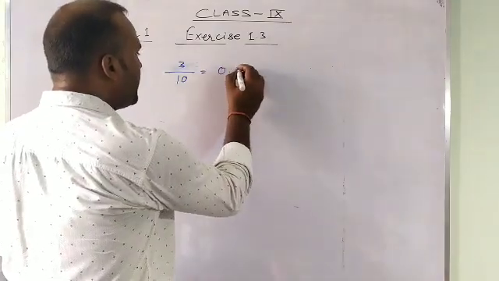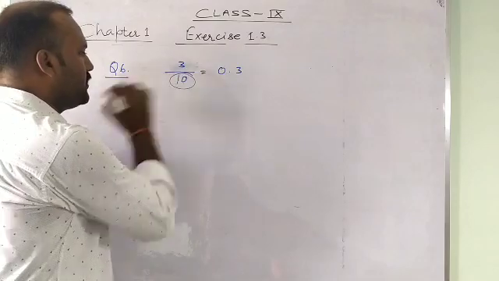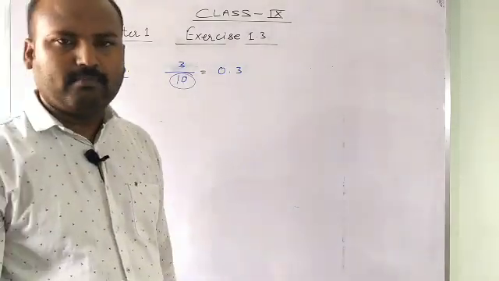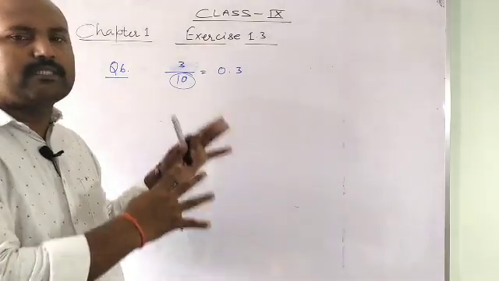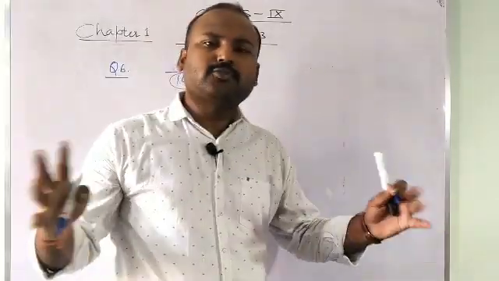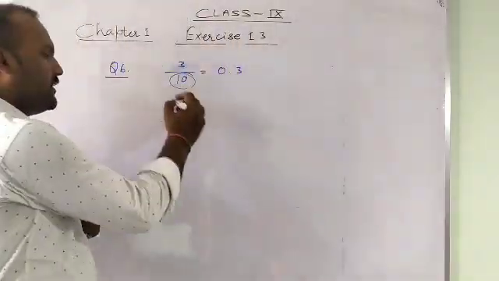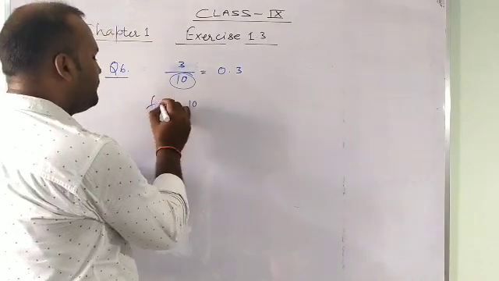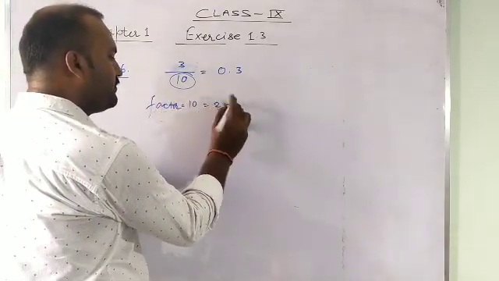You will get 0.3. At the place of q is 10. By which property will this be a terminating decimal? What will be the factors of q here? First find the factor of 10.